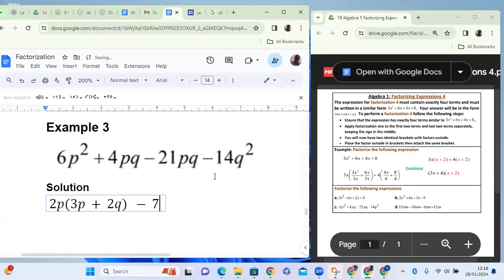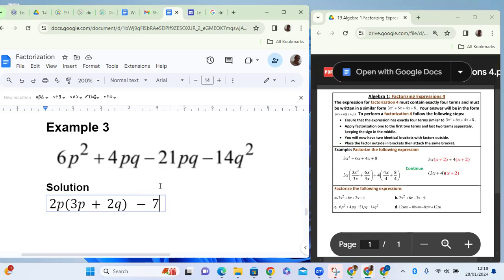Obviously, 7 is the highest common factor. And by the way, that's a negative 7. So when you divide in, remember you are dividing now by a negative 7. That's very important because we must get plus 2q.